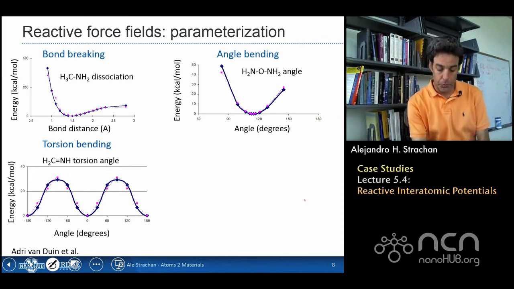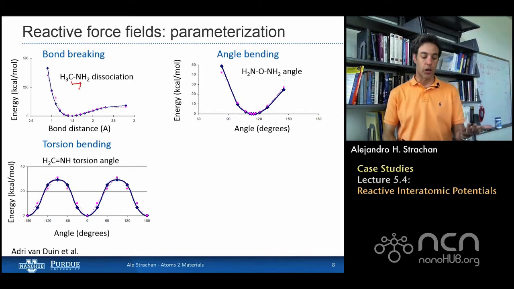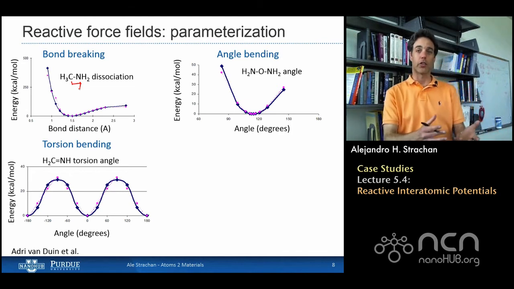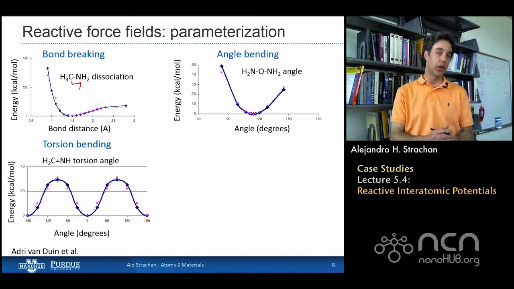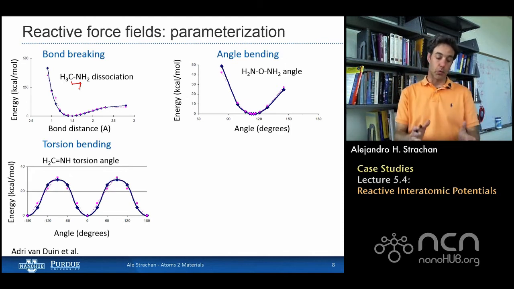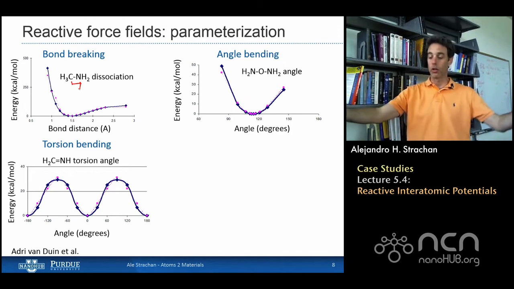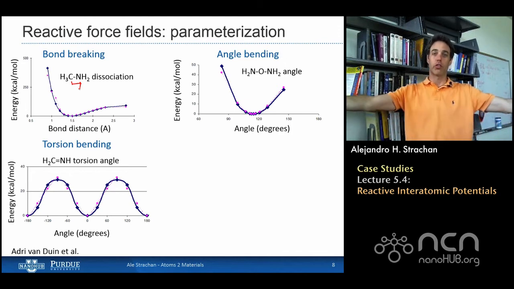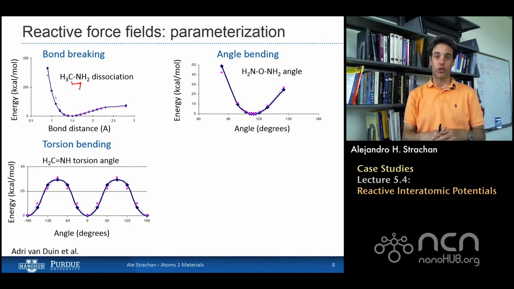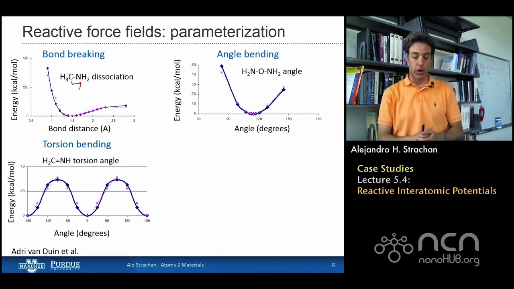So, bond breaking curves. This is an example from ReaxFF of breaking a carbon-nitrogen bond, and here we're comparing ReaxFF with an ab initio quantum mechanical calculation. By the way, parameterizing reactive potentials from ab initio calculations is very useful because you can exercise individual terms in the potential energy very easily and single out individual terms in the potential.